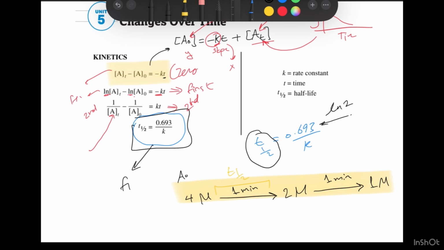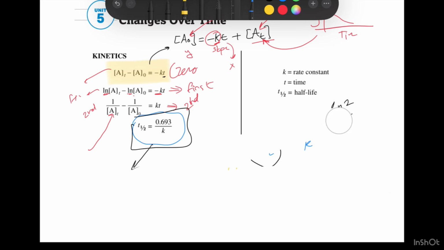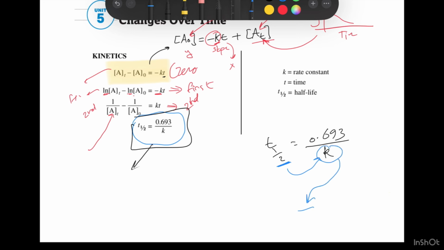And if you look at the half-life law for a first order reaction, t half is equal to 0.693 over k, we can notice that the time depends only on the value of the rate constant. And if you remember, the rate constant depends only on the temperature.